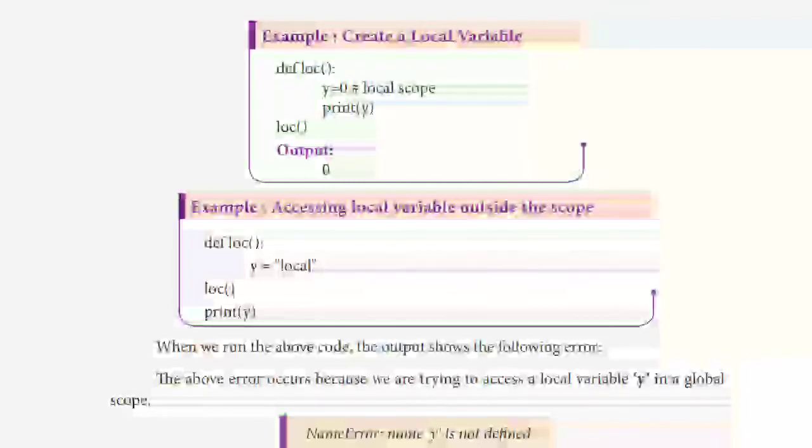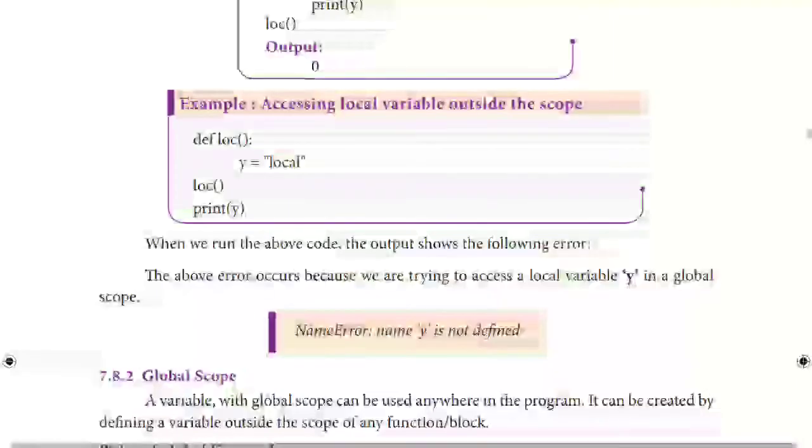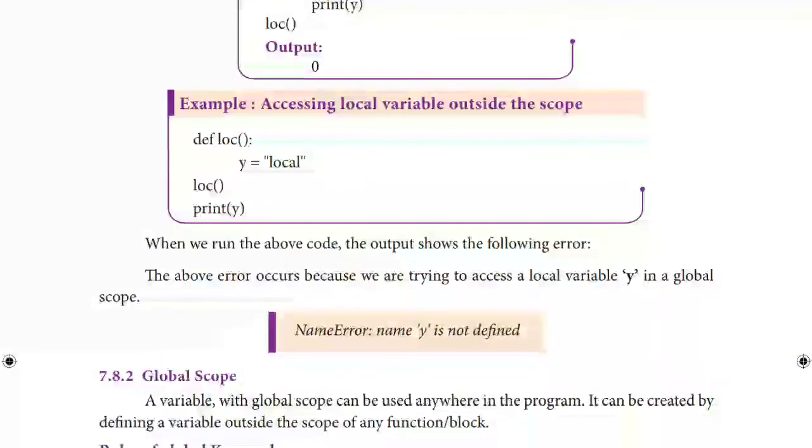So here this statement which is accessing the variable y is not inside the scope of the local variable. So it is unable to access the variable y. So you get an error statement which is known as name y is not defined inside the part where it is accessing it.